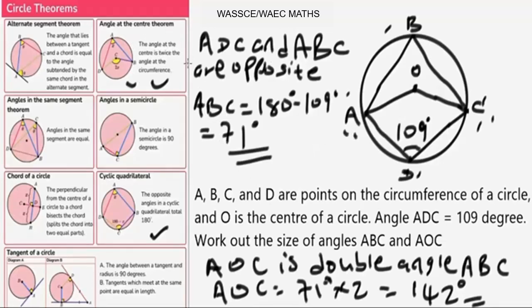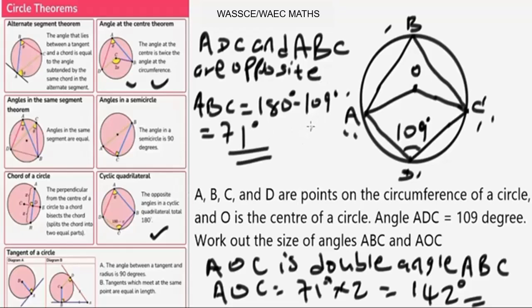So since this is what the rule is saying, our angle AOC has to be double angle ABC. Our ABC is now what? 71 degrees. Now the double of that, 71 degrees times 2, will give us what? 142 degrees. Okay, so it's as easy as that.